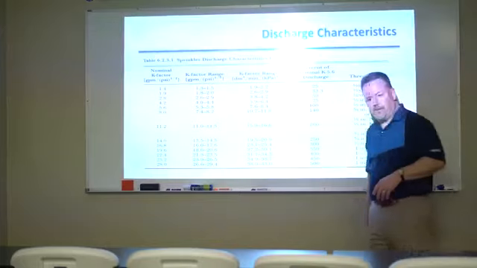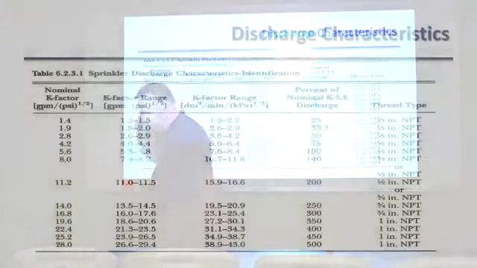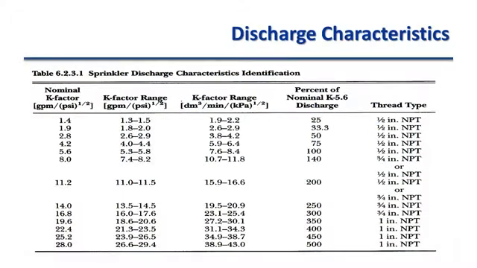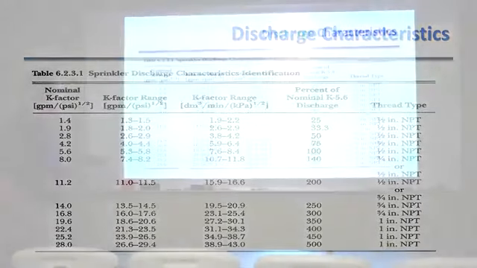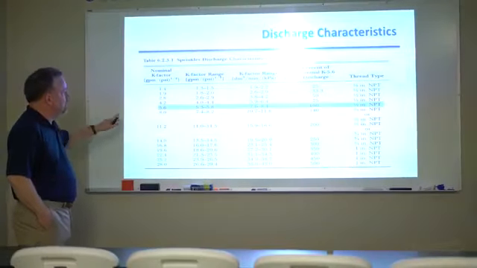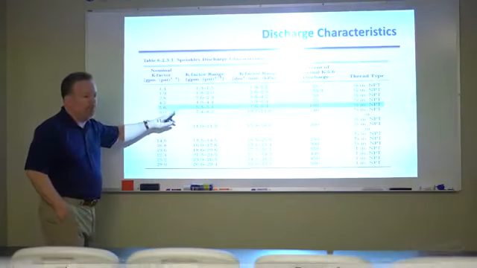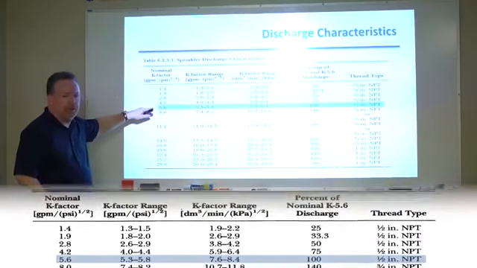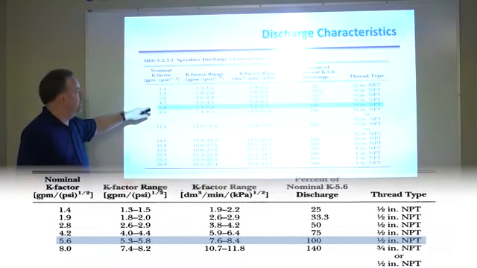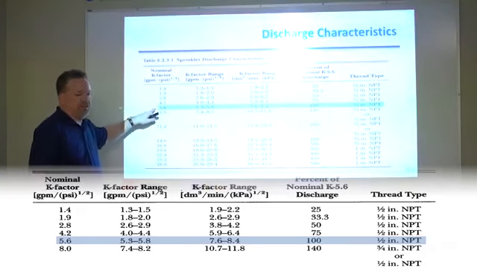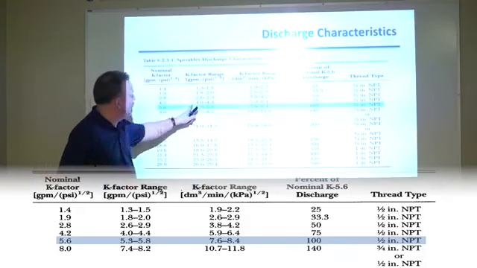So in NFPA 13, we see that the nominal operating K factor, the normal sprinkler that you will see out there, installation-wise, is the K5.6. Now that K5.6 has a range.